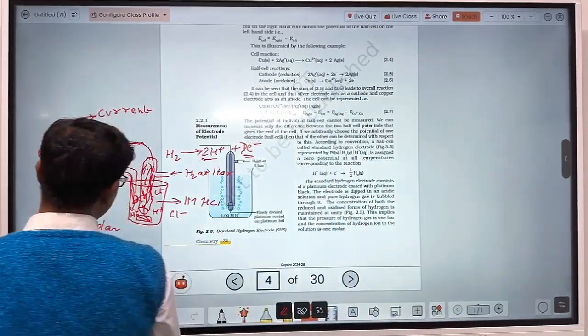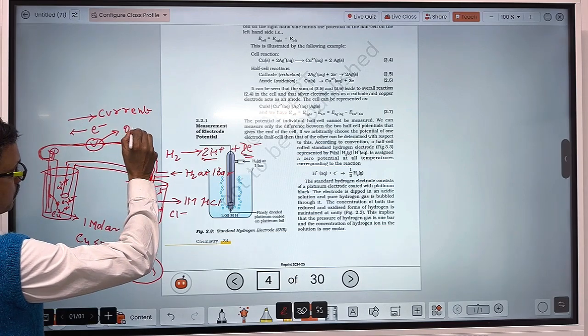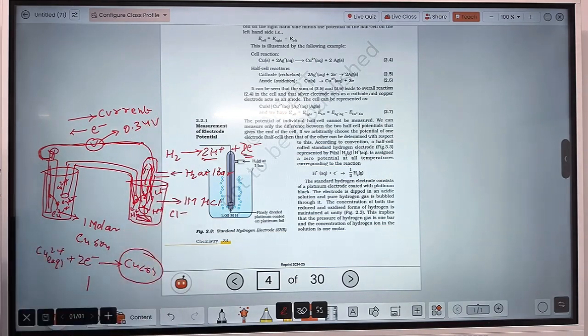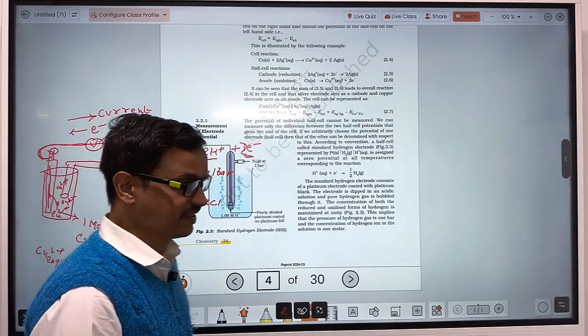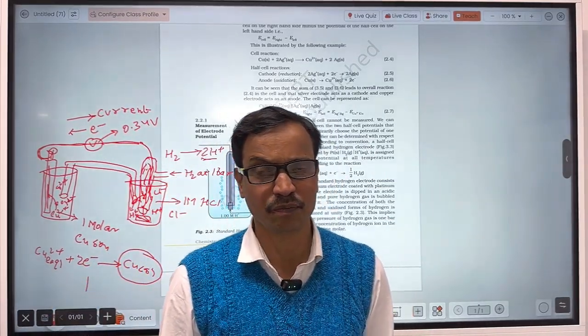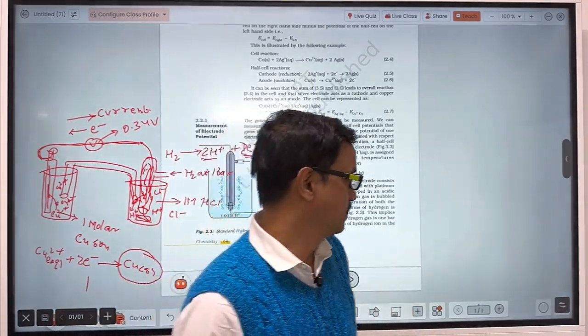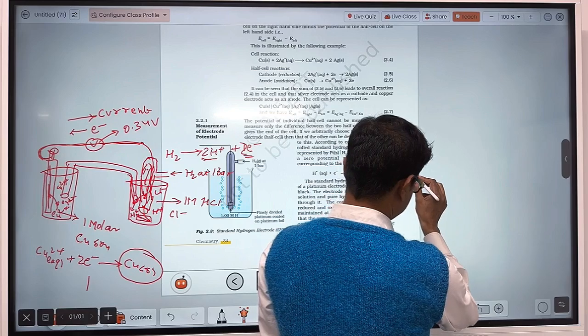The reading of the voltmeter has been observed as 0.34 volt. This is the EMF of the cell.